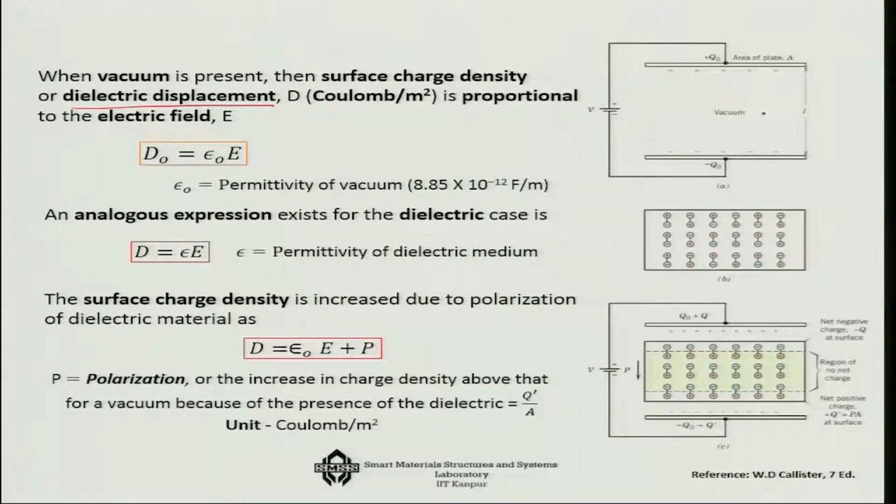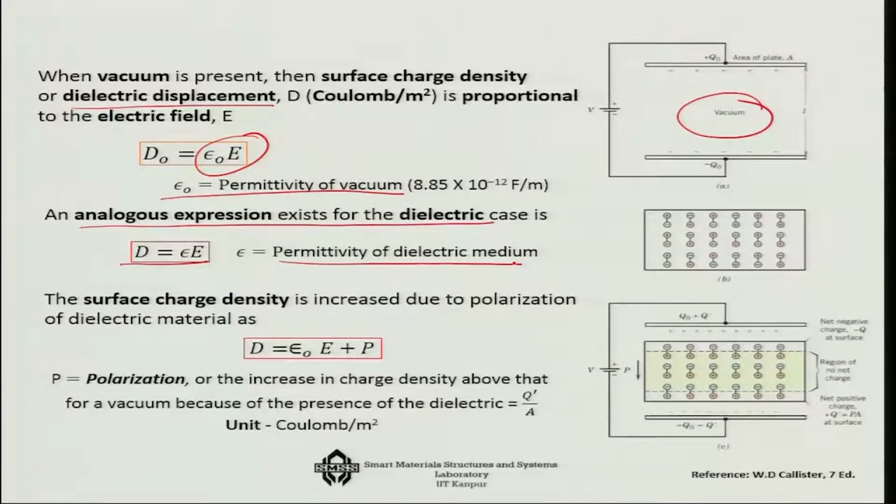So D is epsilon 0 times E, where epsilon 0 is the permittivity of the vacuum, which is very, very small, close to picofarads. It is 8.85 times 10 to the power minus 12 farad per meter. For any other material, an analogous expression exists for the dielectric case, which is D equals epsilon E, where epsilon is the permittivity of the dielectric medium.